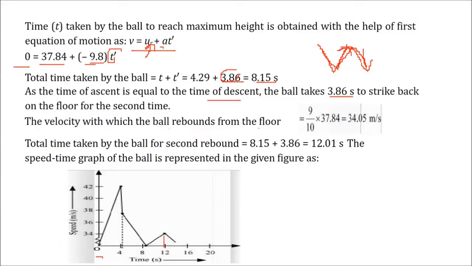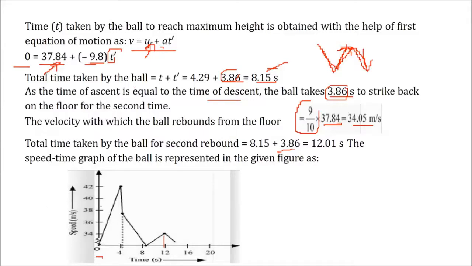The velocity with which the ball rebounds from the floor is the initial speed for the second rebound. 9/10 of 37.84 will be 34.05 meter per second. We have to add the time 3.86 so that the time taken by the ball for the second rebound can be found out, that is 12.01 seconds.